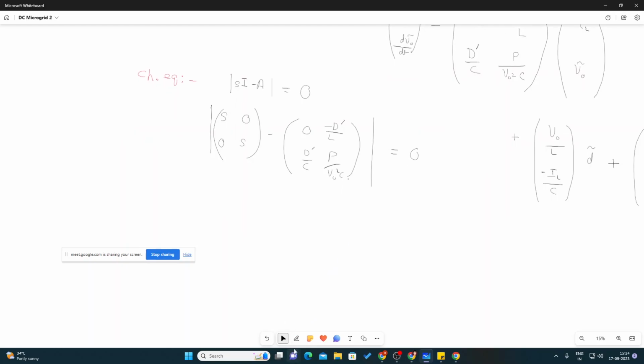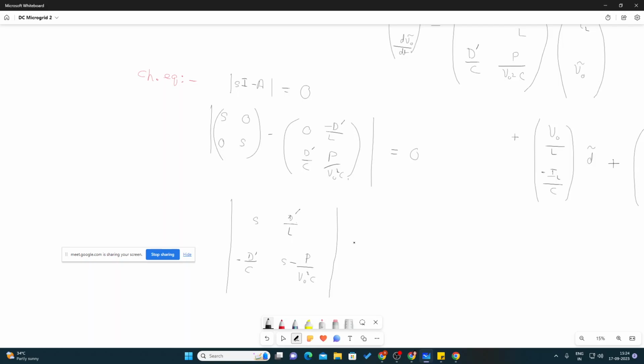This implies mod of S, d dash by L, minus d dash by C, S minus P by V naught square C.